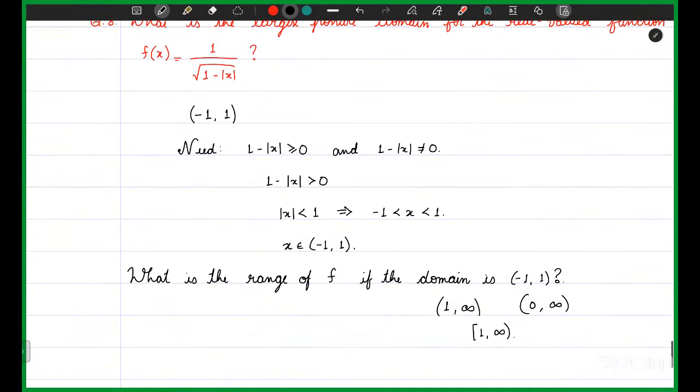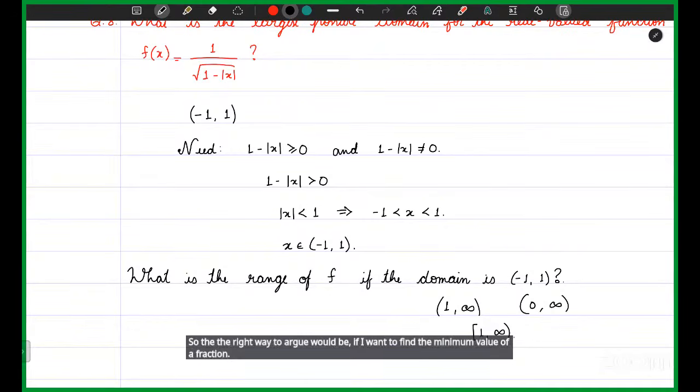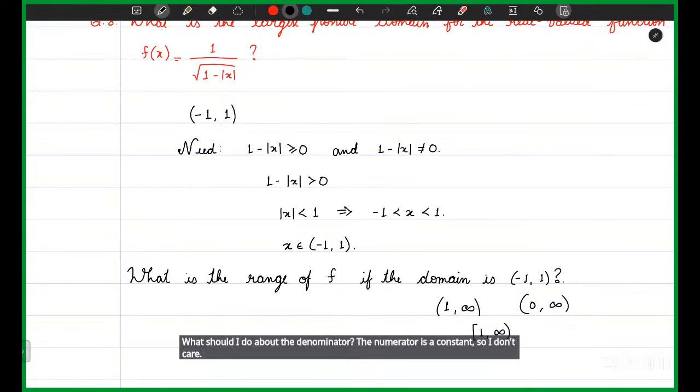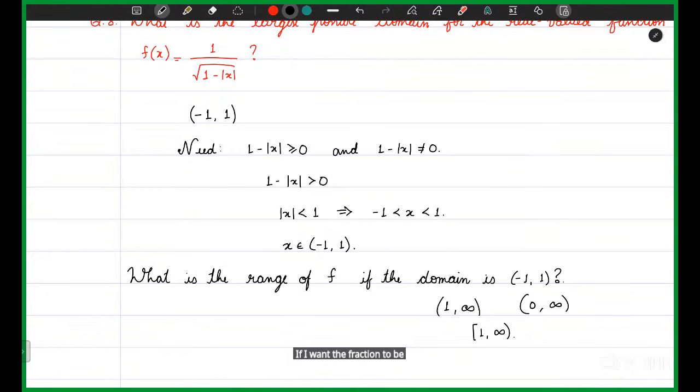So the right way to argue would be, if I want to find the minimum value of a fraction, what should I do about the denominator? The numerator is a constant, so I don't care. If I want the fraction to be minimum, I want the denominator to be maximum, right? So I want the maximum possible value for 1 minus mod x. Square root is an increasing function.